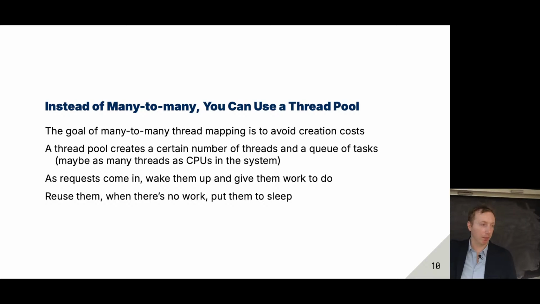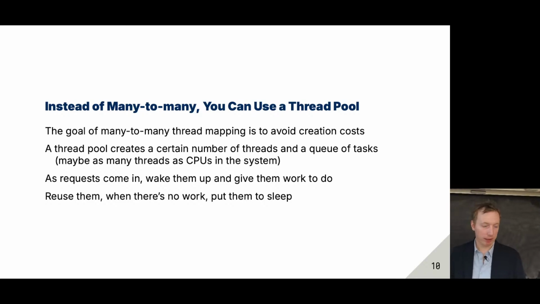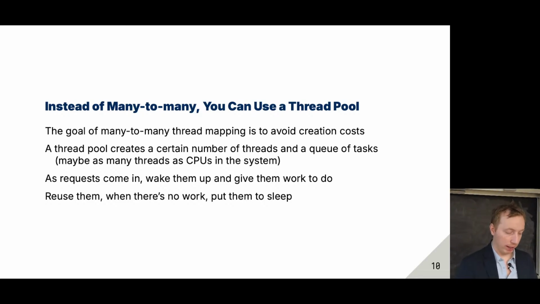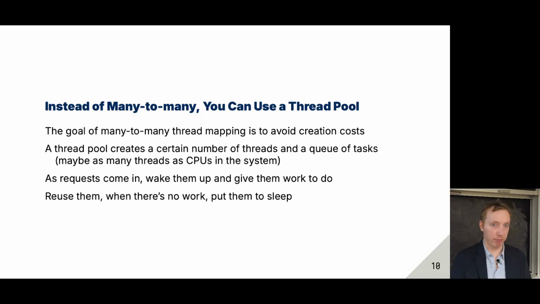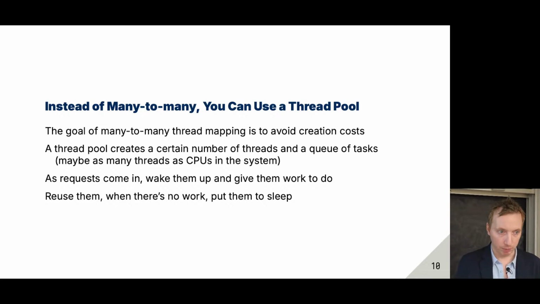Create a certain number of threads and then a queue of tasks. Maybe as many threads as CPUs in the system, maybe more if they block a lot. And then as a request comes in, you wake up a thread and give it work to do from the queue of tasks, and whenever they're done, they get put back to sleep. If there's no work, just put them to sleep, and whenever they have something else to do, you can wake them up and reuse them over and over again.